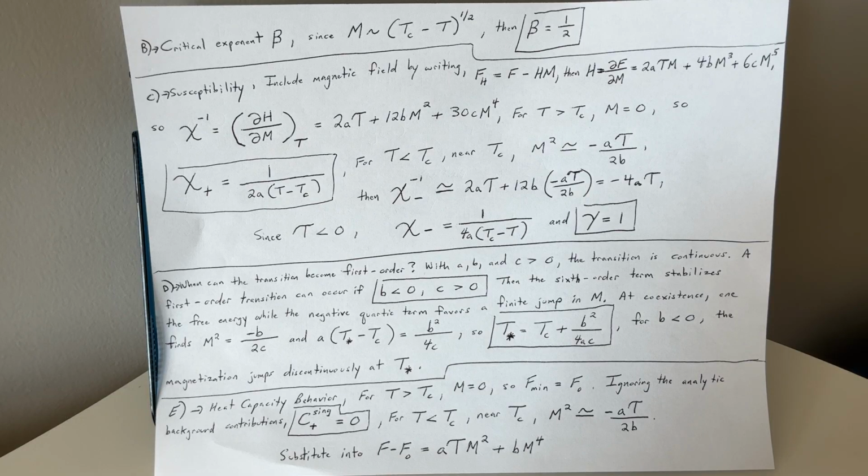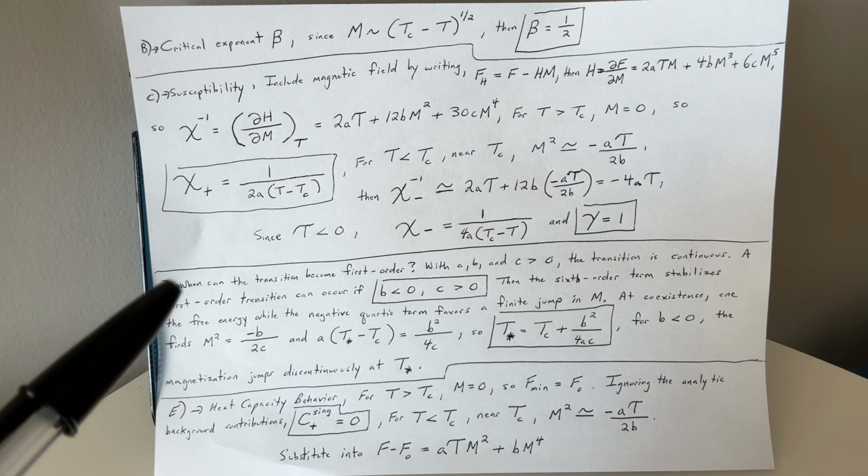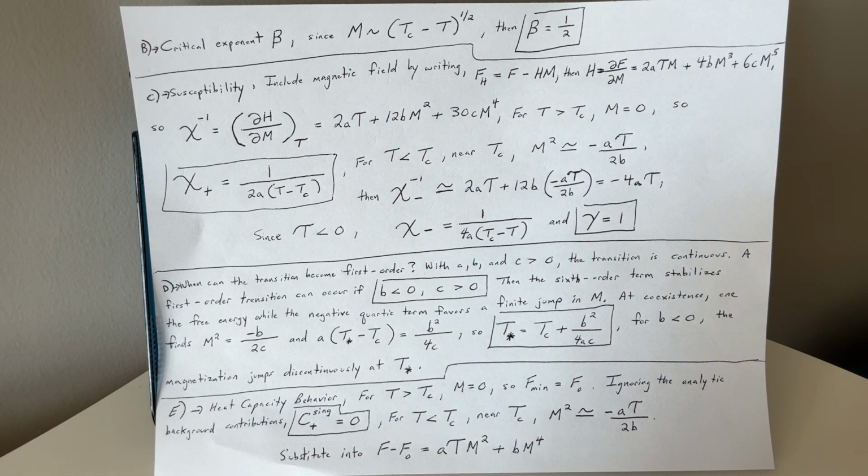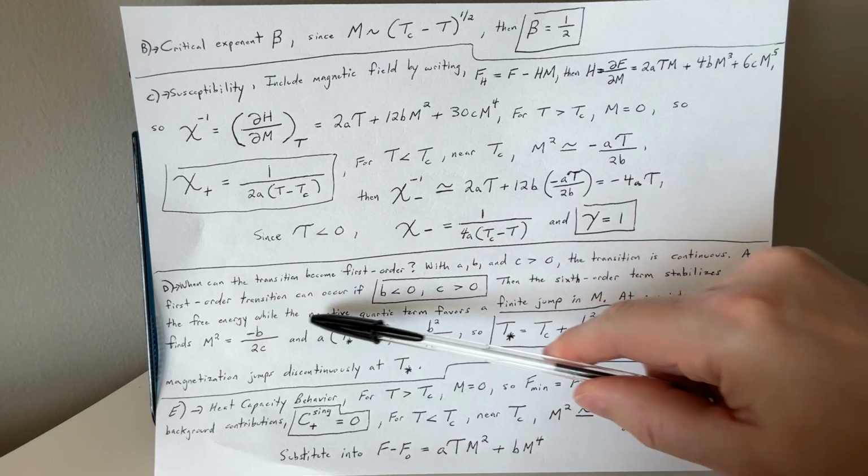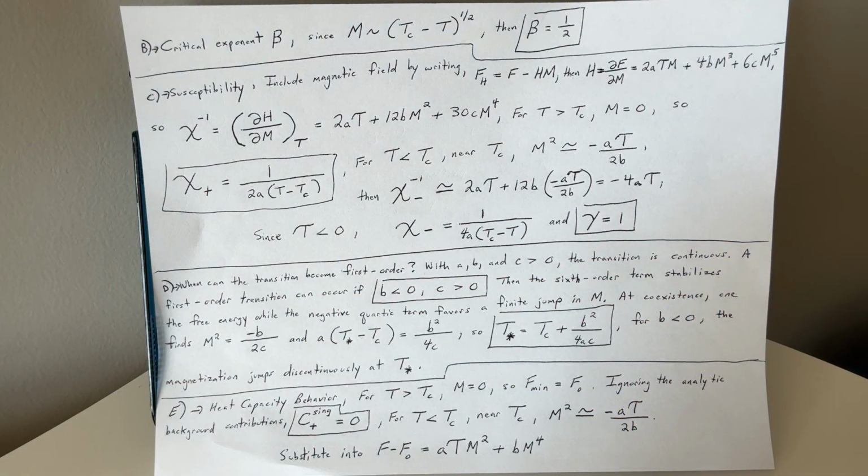For part D, under what conditions can the phase transition become first order? So part D, when can the transition become first order? So we could say with A, B, and C greater than 0, the transition is continuous. A first order transition can occur if B is less than 0 and C is greater than 0.